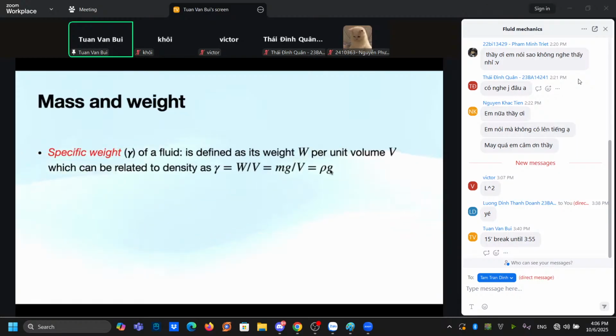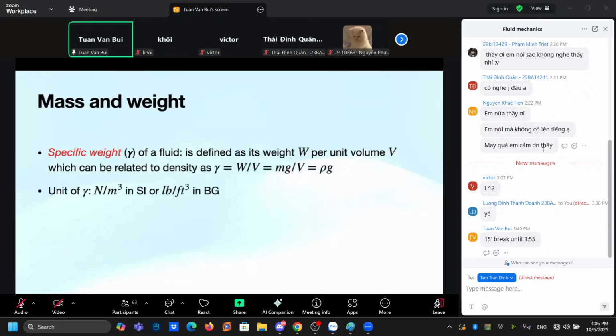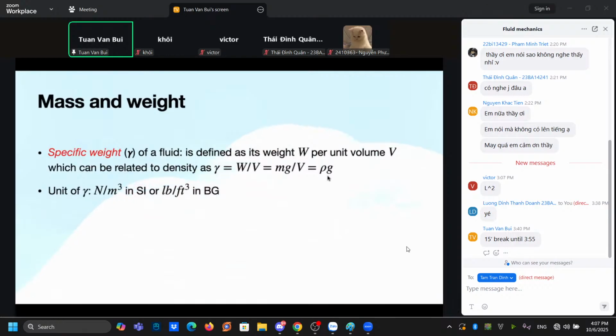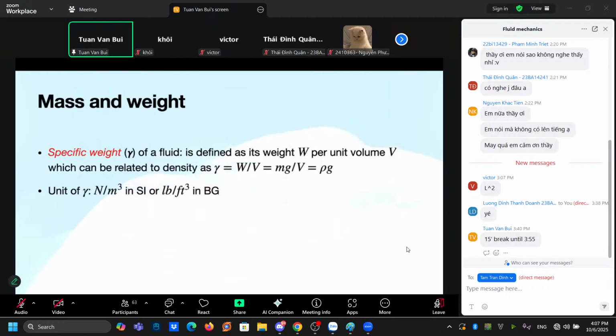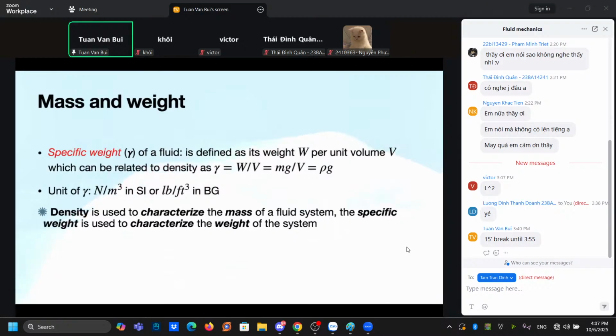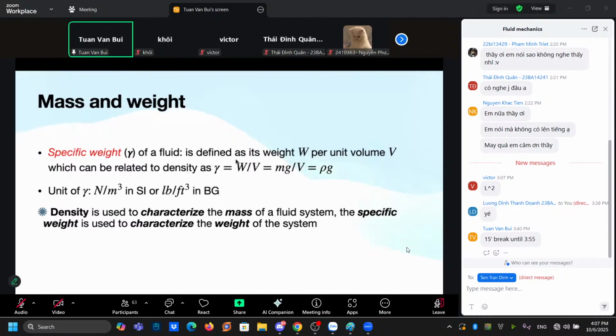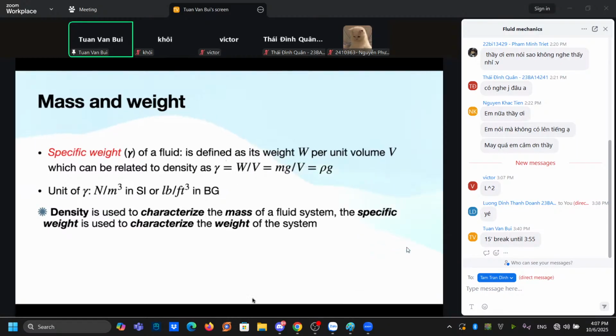Okay? Density multiplied by the gravitational acceleration. And the unit of gamma is Newton per cubic meter in the SI system or pound per cubic feet in the BG system. And so we can see that density is used to characterize the mass of a fluid system, and the specific weight is used to characterize the weight of the system. Okay?